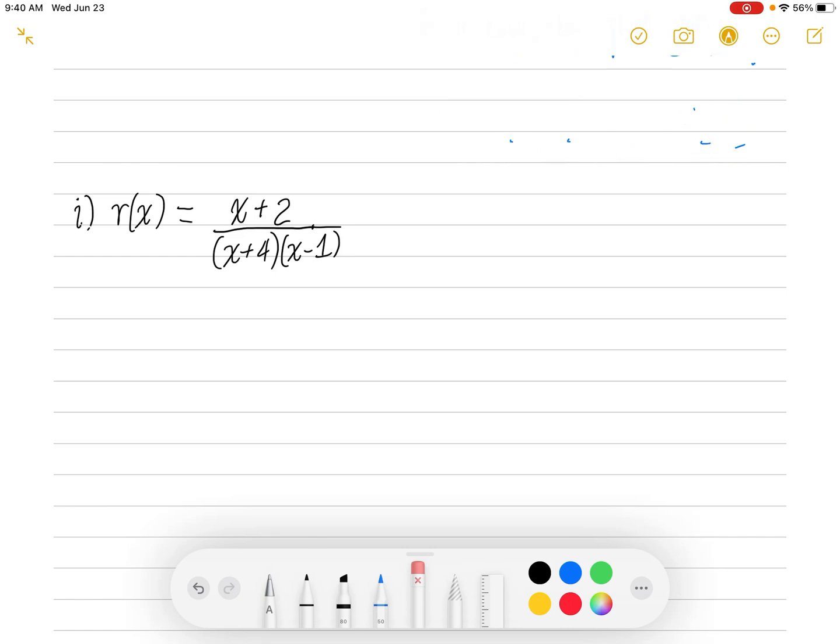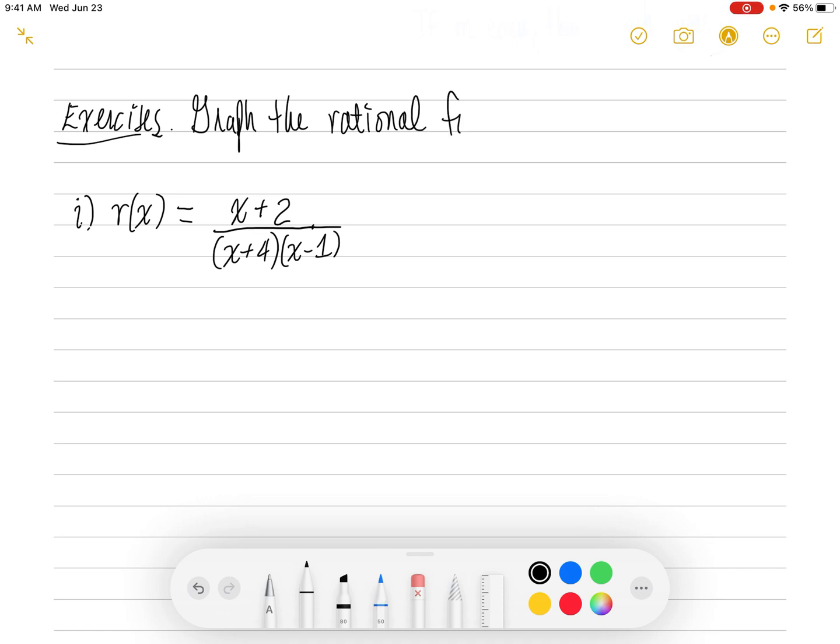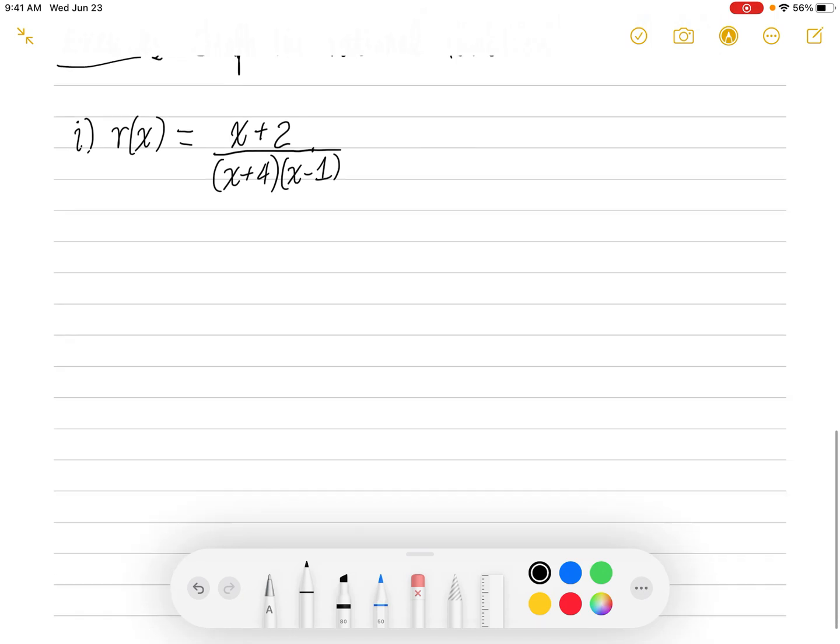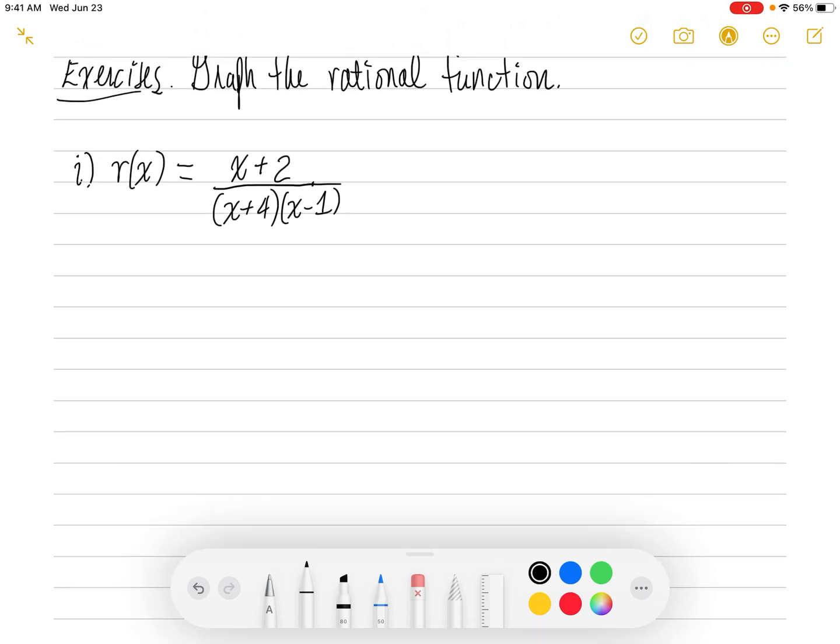Okay, so we have a rational function here. Okay, I should say exercises. Exercises.